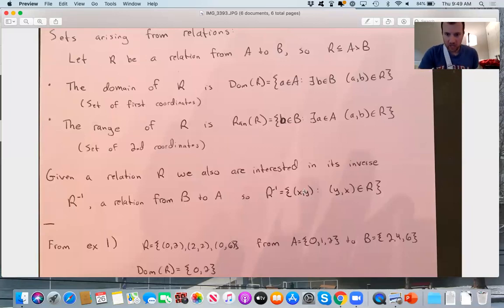R inverse is all the pairs which, if you flip them, you get something in R. We can also think about this as: take all the pairs in R, flip the order so the B element comes first and the A element comes second, and all of those flipped pairs make up R inverse.